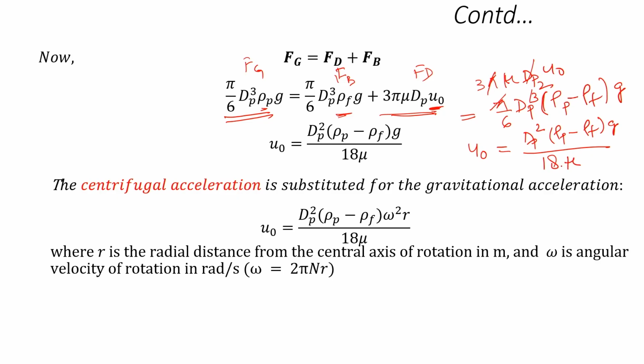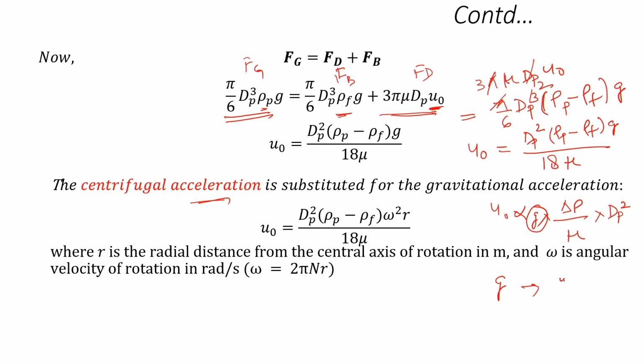So, u naught is proportional to delta rho, the density difference, inversely proportional to mu, proportional to dp square, and proportional to the gravitational force. Now, in case of centrifugal acceleration, what are we going to change? We are going to replace g with centrifugal acceleration.